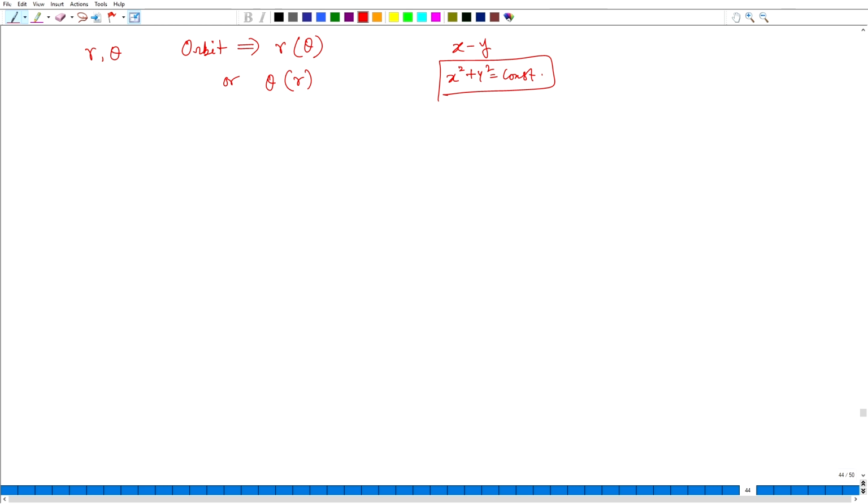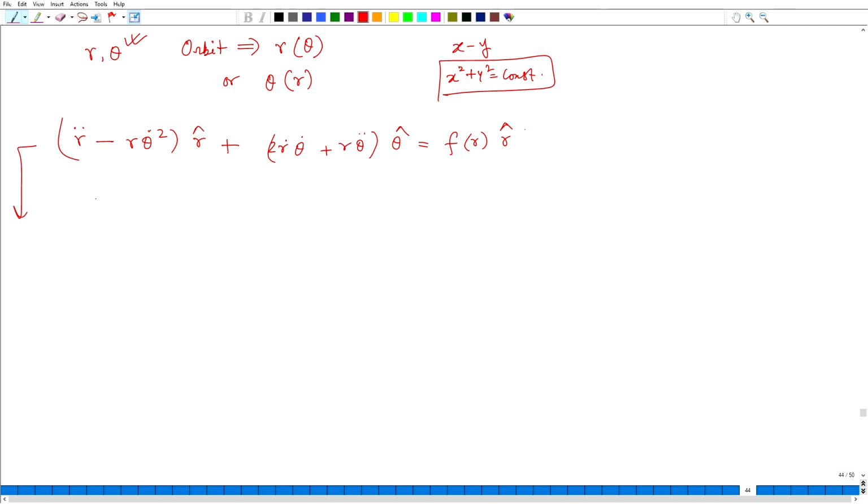Before even going to the general treatment with the orbits, I will first take this equation, r double dot minus r theta dot square r cap plus 2 r dot theta dot plus r theta double dot theta cap is equal to, I will say, f r cap. Okay. I will now just try to see which type of feature a circular orbit can give.